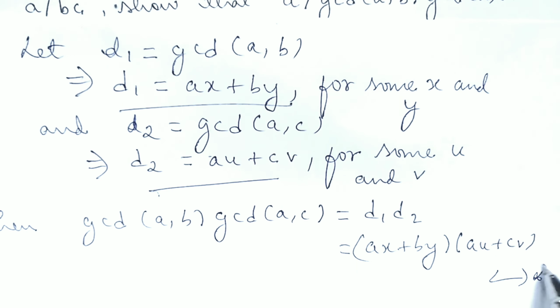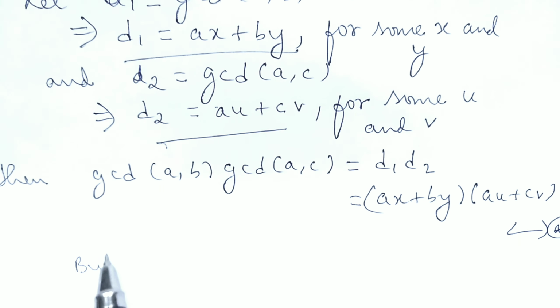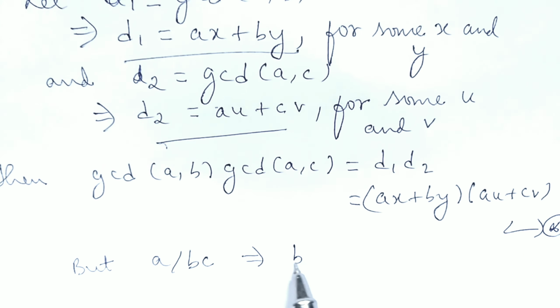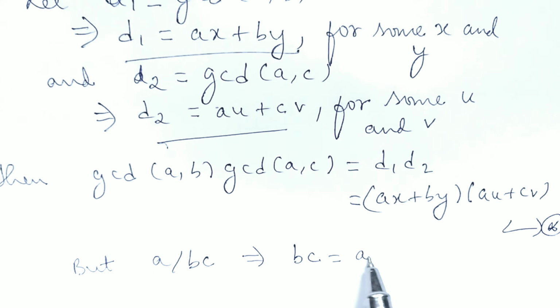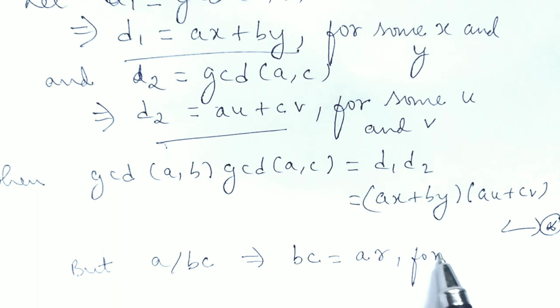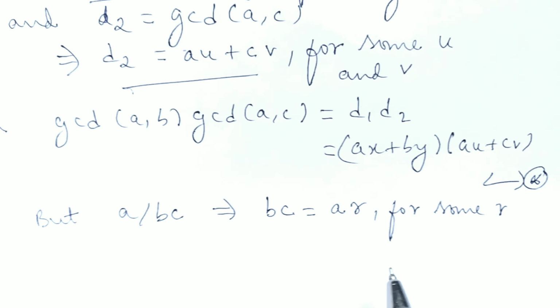Let's mark this one as star. It is also given that A divides BC. So it implies that BC is equal to A times R for some R.